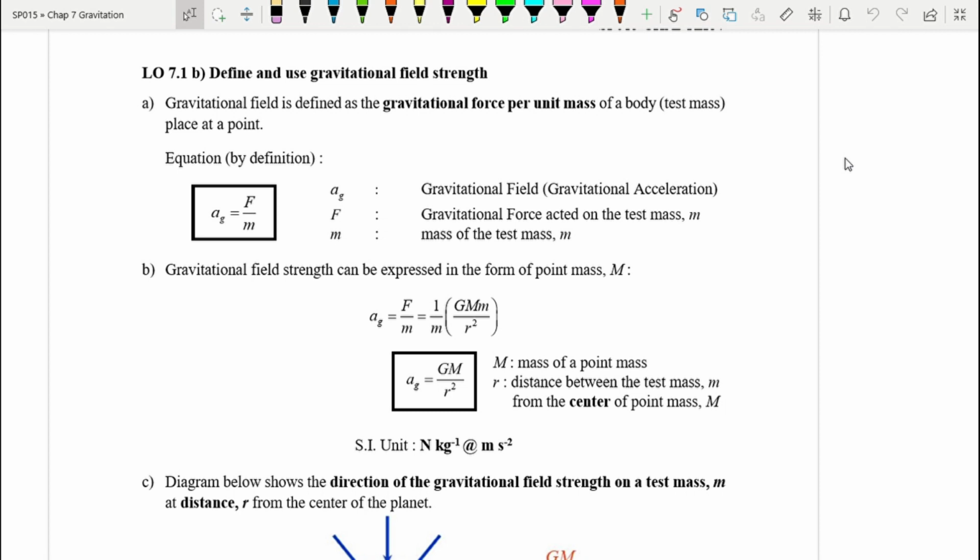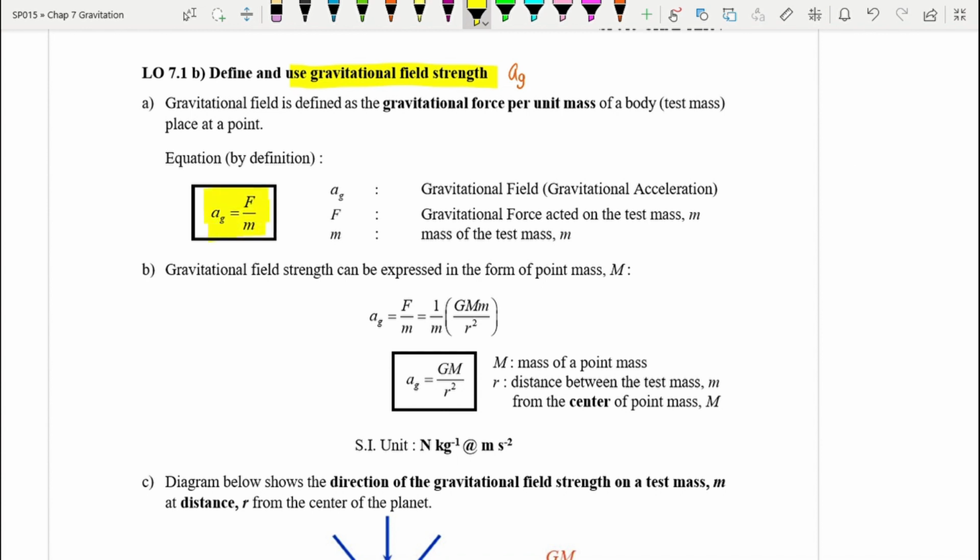Alright, so masih lagi dalam subtopik 7.1, kita dah discuss dalam video yang pertama tentang gravitational force dalam Newton's law of gravitation. Kemudian dalam video kali ni, pada awal-awal video kita dah discuss tentang gravitational field strength, masih lagi dalam subtopik yang sama. Okay, so gravitational field strength ataupun simbol dia adalah Ag. Kita dah define apa itu Ag menggunakan formula ini, force over test mass.